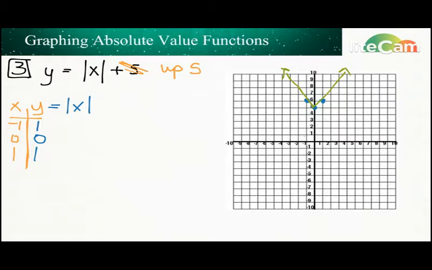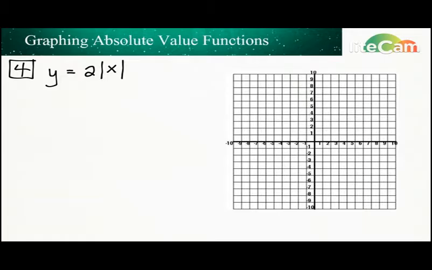All right, let's try the next one. Okay, so now we're getting into a different kind of graph. In this graph, there is no translation. So I'm not moving left to right, and it's not moving up or down. But there is another number in the graph.